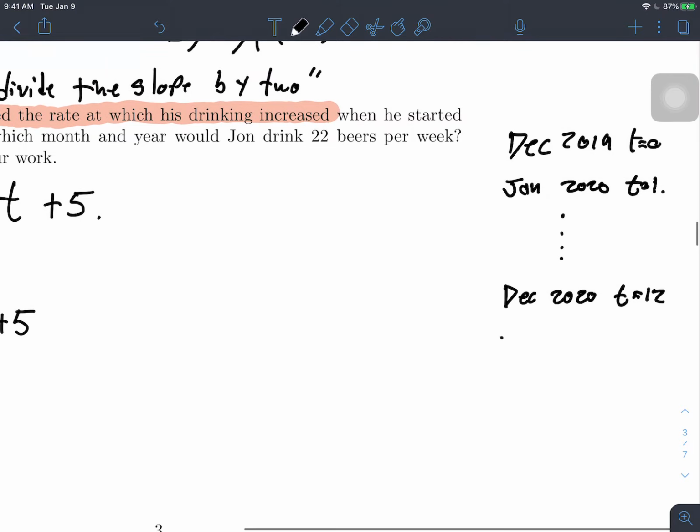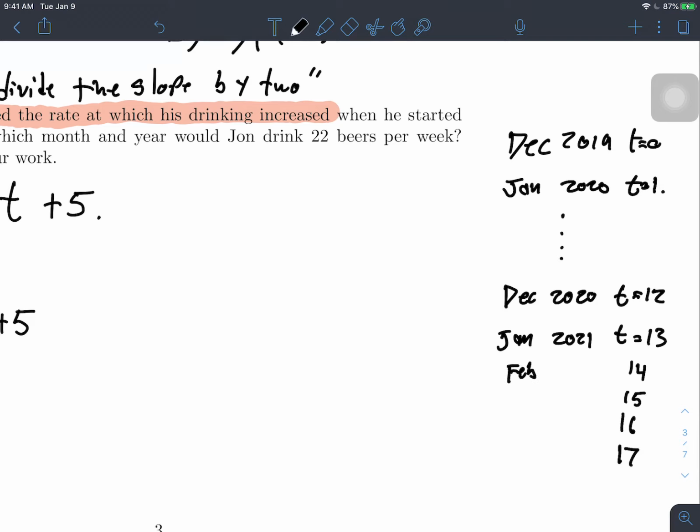And then I'll have January 2021, that's going to be t equals 13. And then I need to go 14, 15, 16, and 17. Well, I think it should go February, March, April, May.